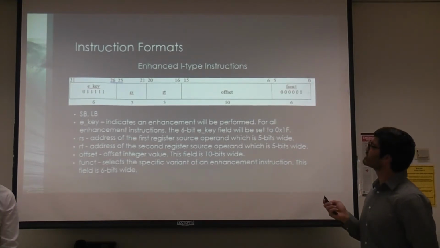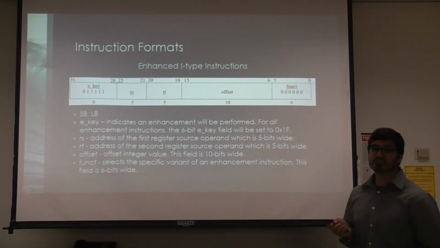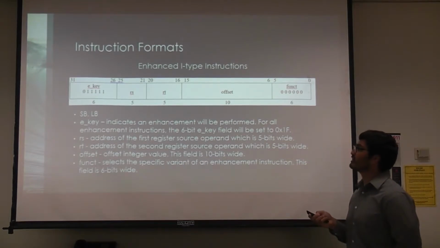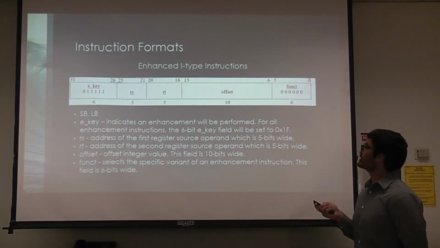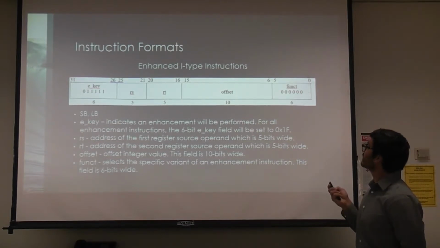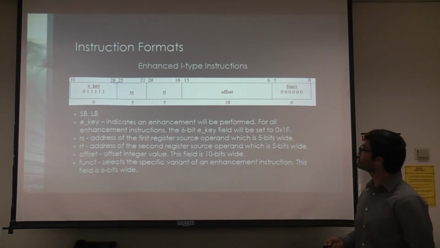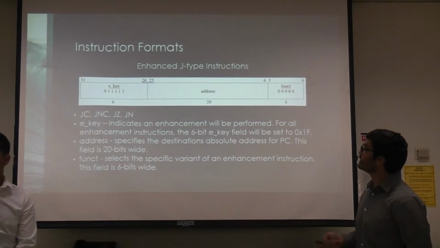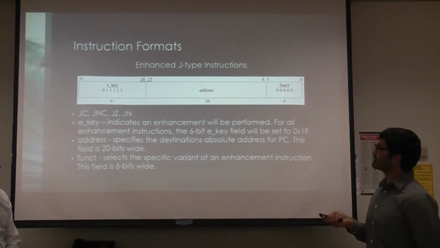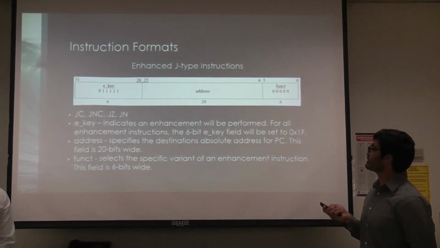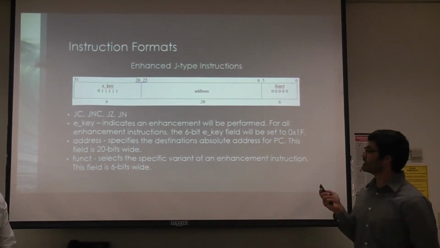Here's the enhanced I-type instruction format. We have the enhanced key, which is 1F, RS, RT, the offset, and the function. And here we have the enhanced J-type instructions format. The enhanced key, which is always 1F, address, and function.